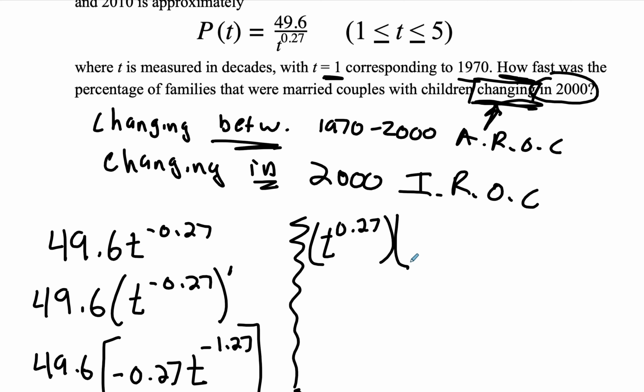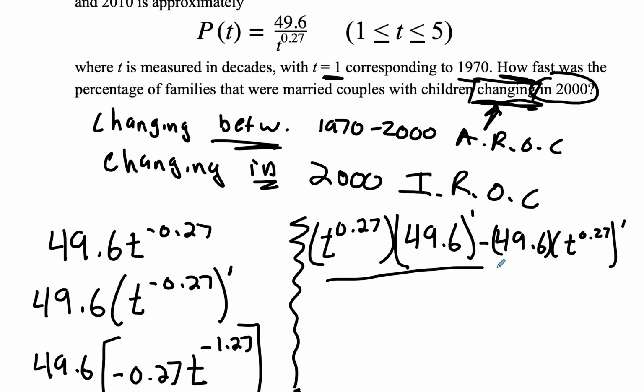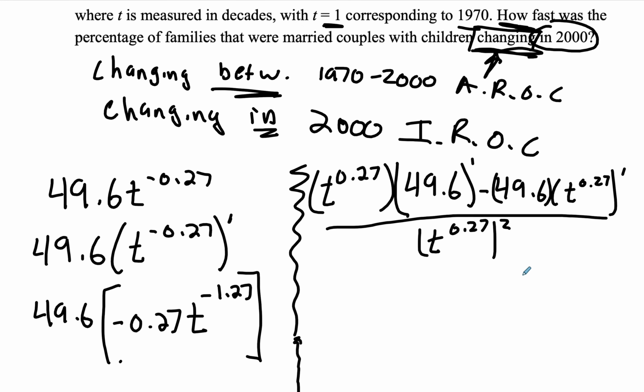I'm just using it in the quotient rule. So low d high minus high d low over the bottom squared, and away we go.